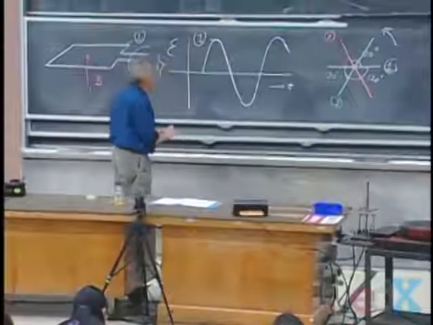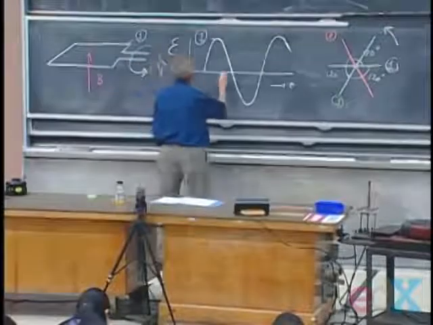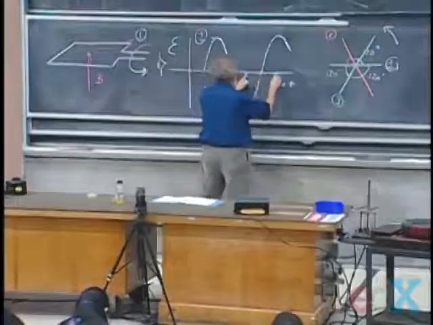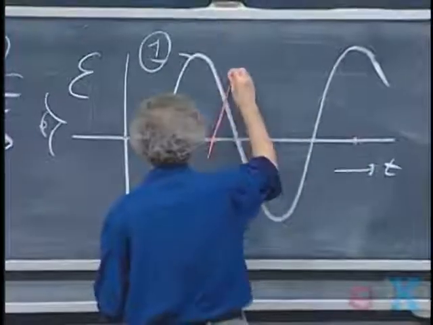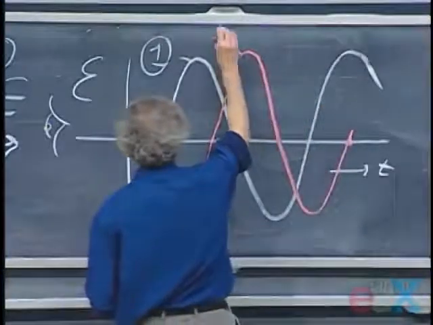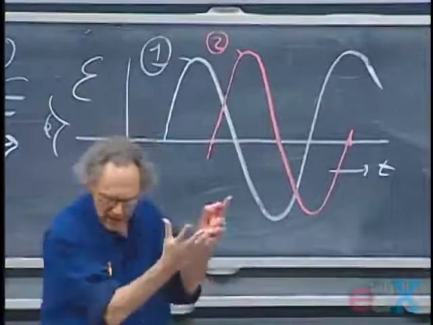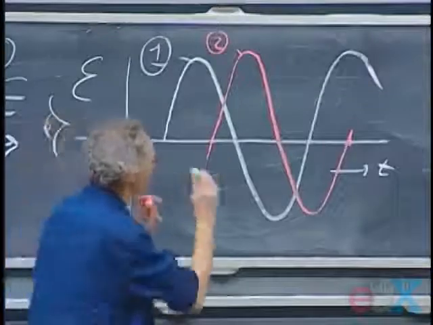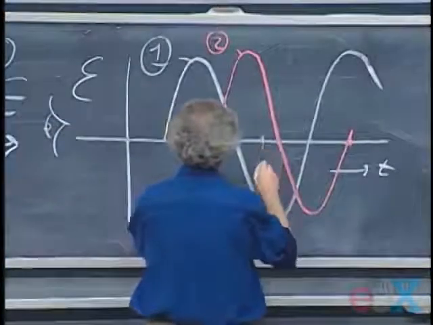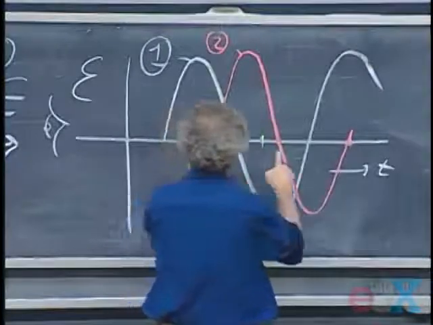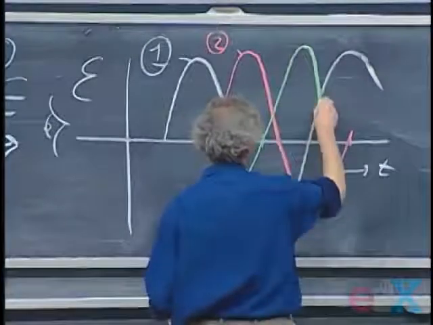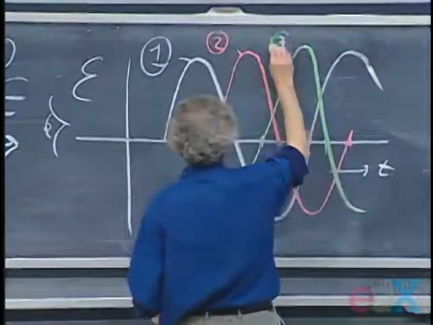And so the second one will give me an EMF, if I try to estimate that roughly, something like this. So this is loop number 2. It comes a little later in time, and number 3 will again be offset, will look like this. Number 3.